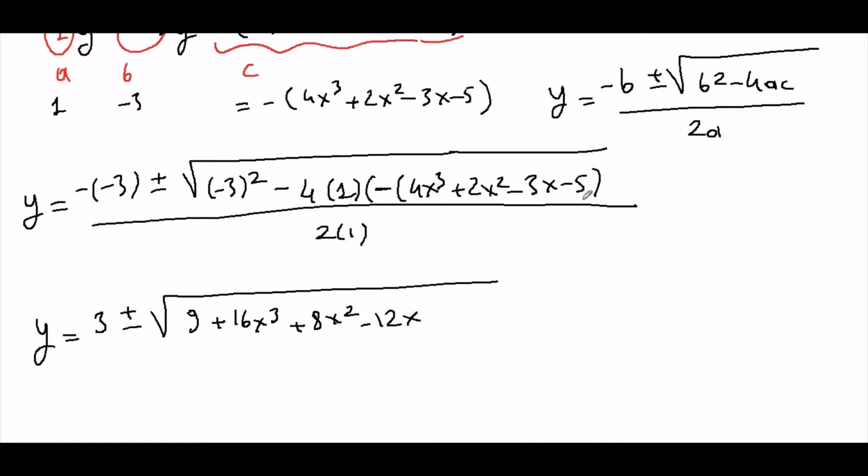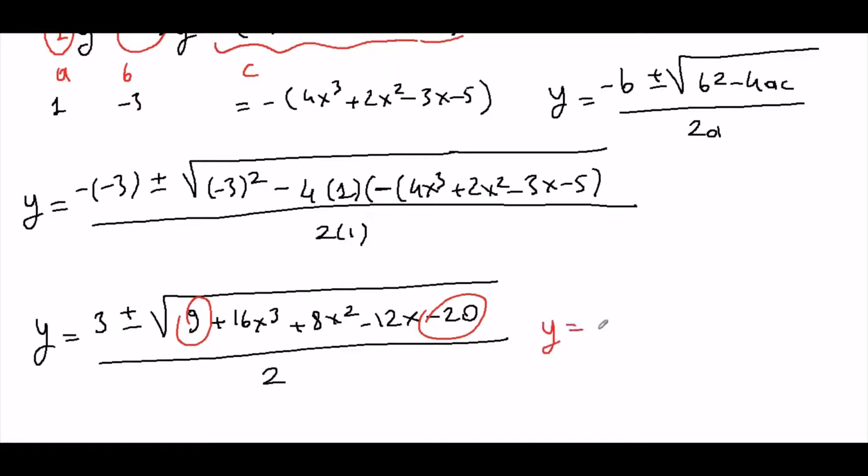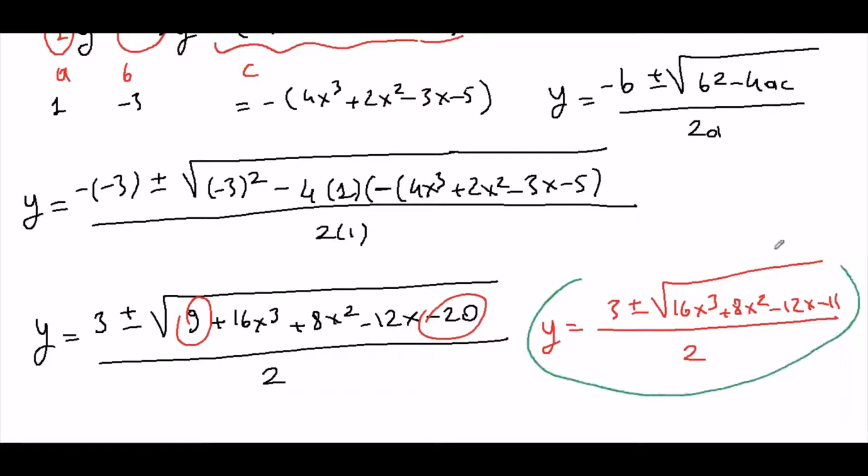And negative 4 times negative 5 is 20, and we have another negative sign here, so it's going to be negative 20, divided by 2. And here we can merge the like terms, 9 and negative 20, so it's going to be negative 11. So our final equation will be 3 plus or minus the square root of 16x to the third plus 8x squared minus 12x minus 11, divided by 2, is our explicit solution.